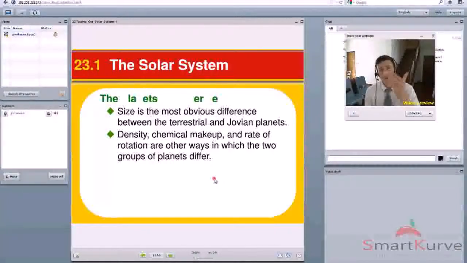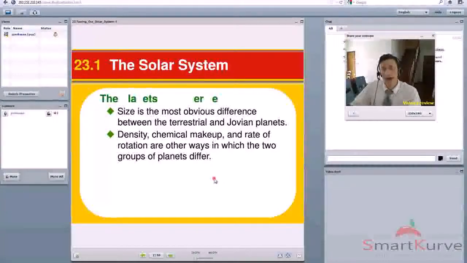On the next slide, number 8, we have a large chart of planetary data, a lot of information on all of the planets. Here we've got all of the planets going down the left side of the table, and for every planet we've got the distance from the sun.